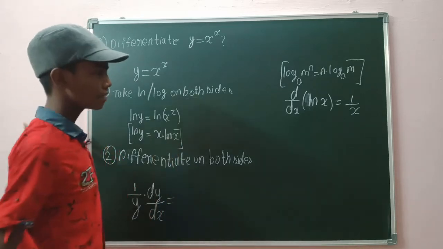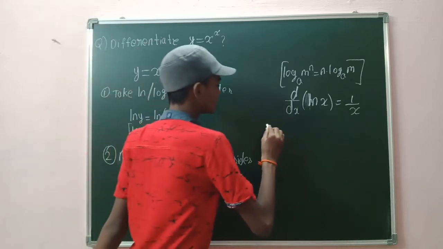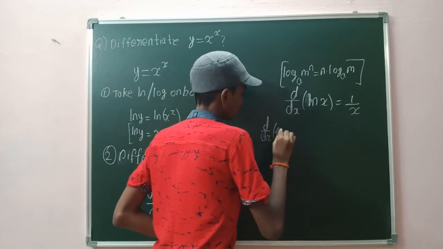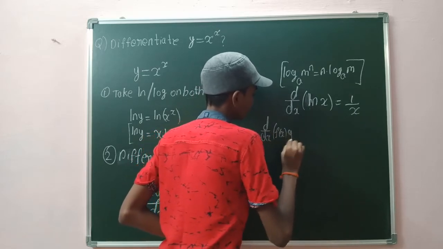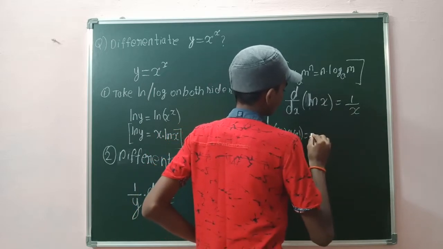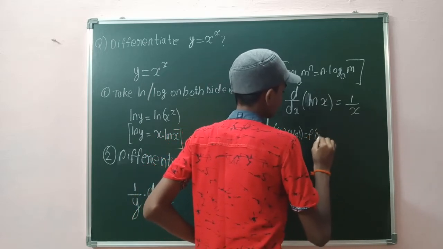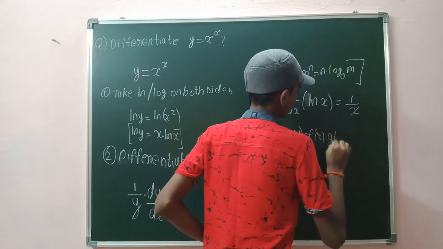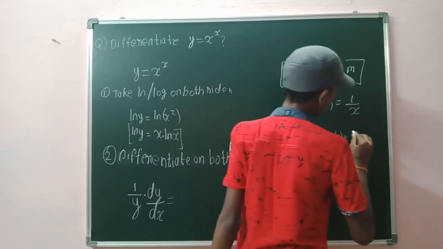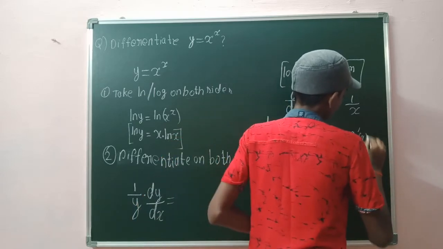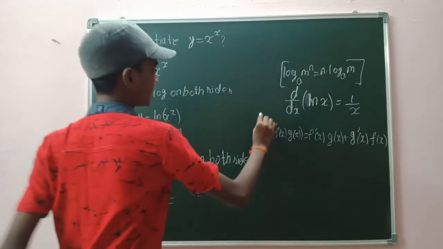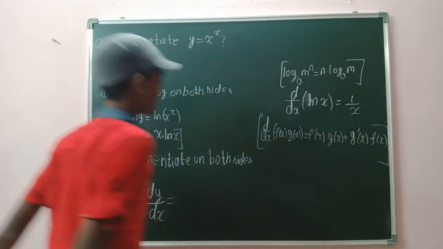What the product rule says is, d by dx of f of x into g of x can be written as derivative of first function, that is f dash of x, into second function plus derivative of second function into first function. This is what the product rule states, and I hope you guys are aware of it.